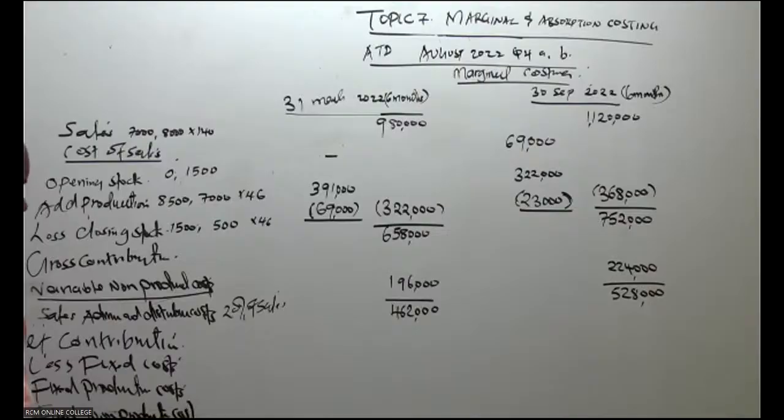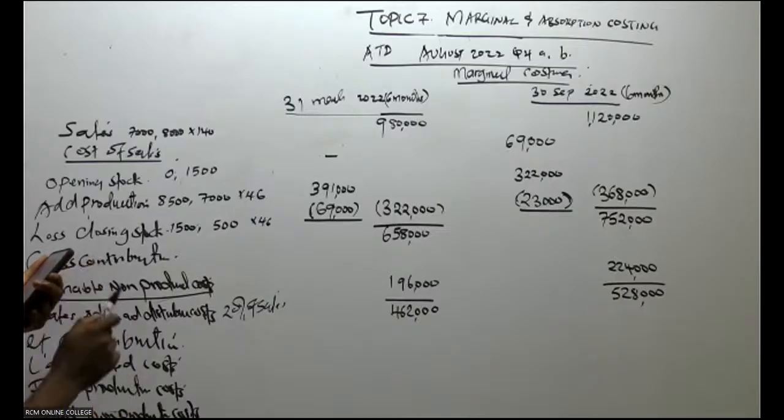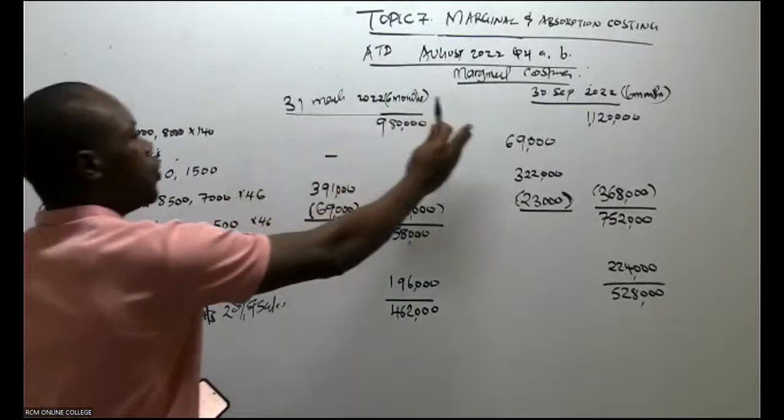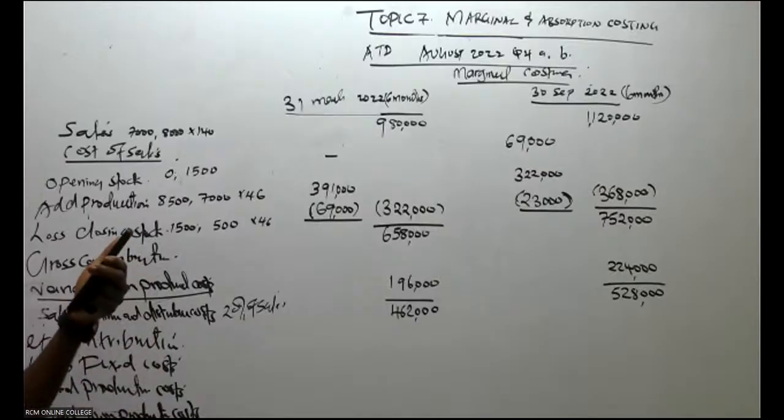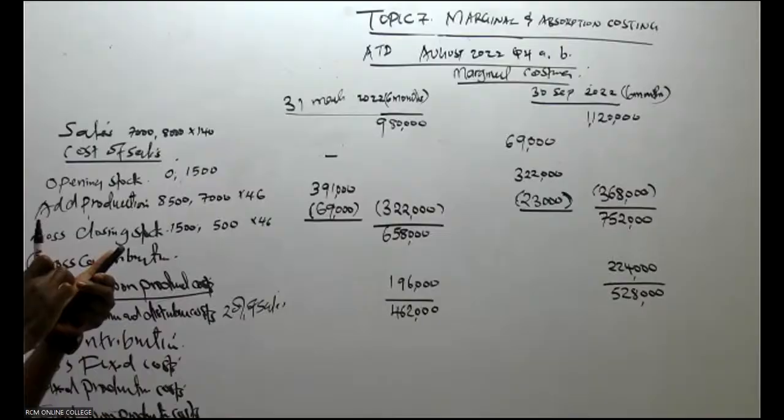The fixed non-production cost is 180,000 per year. But we have divided the year into the first 6 months and the last 6 months. Look at this statement here. Where is it?